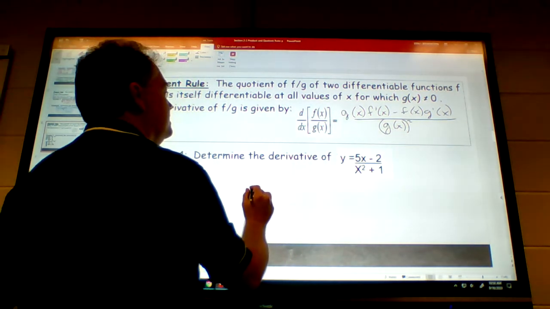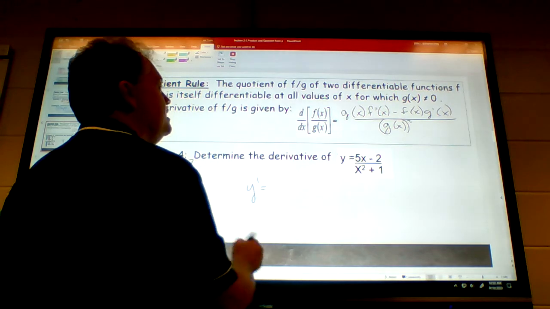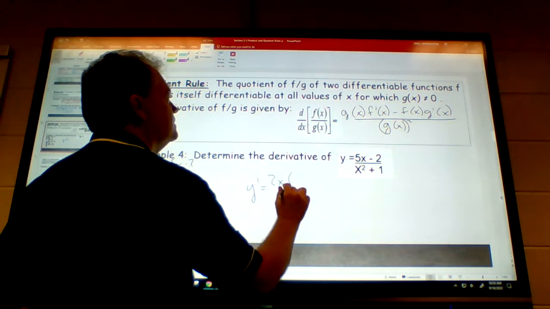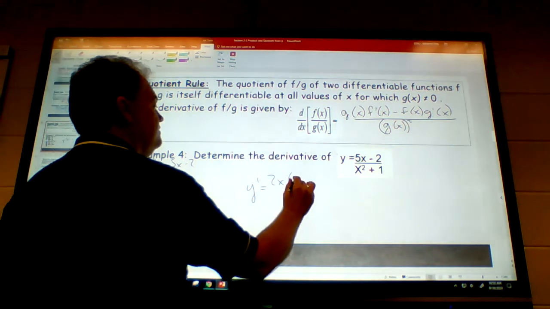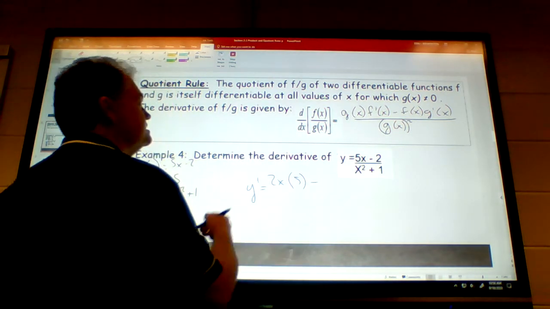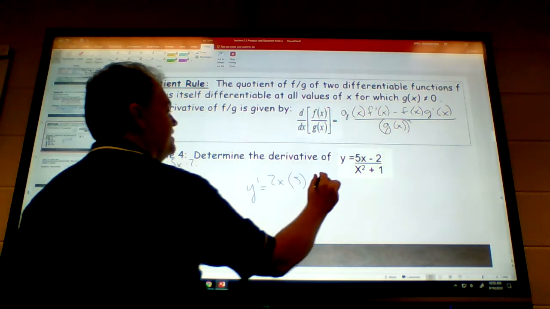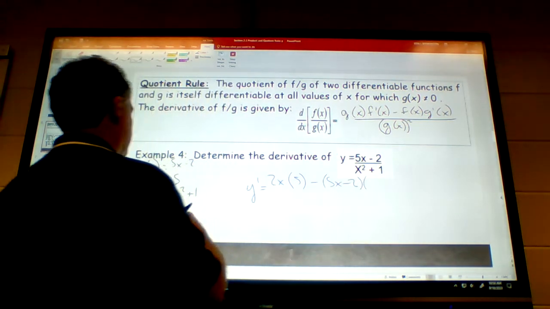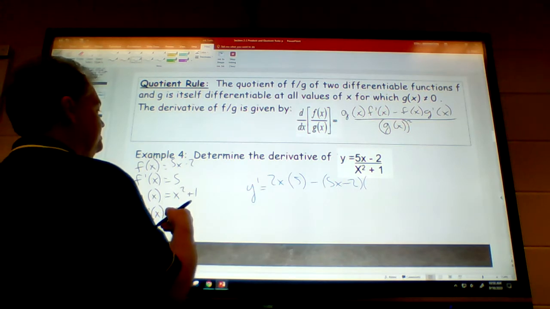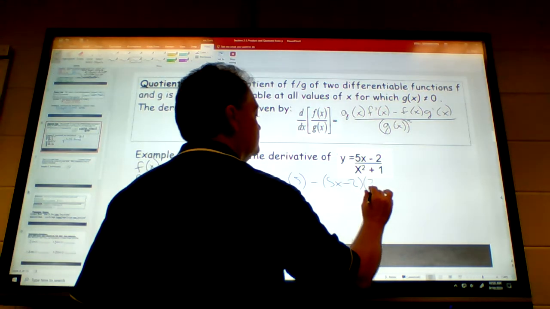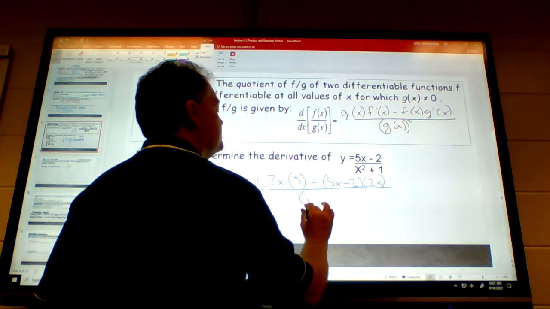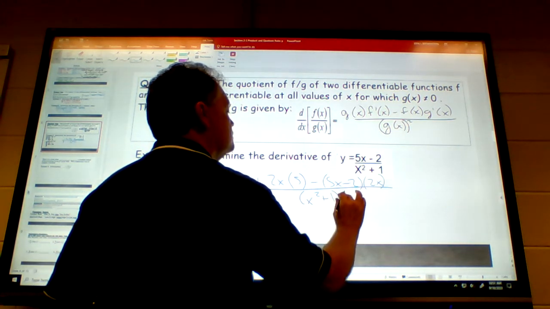So y prime is going to equal g of x, which is x squared plus 1, times f prime of x, which is 5, minus f of x, which is 5x minus 2, times g prime of x, which is 2x, and that's all over x squared plus 1 squared.